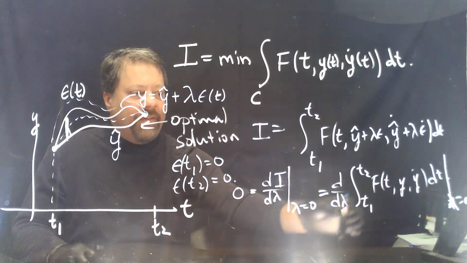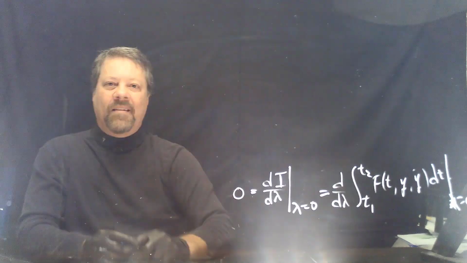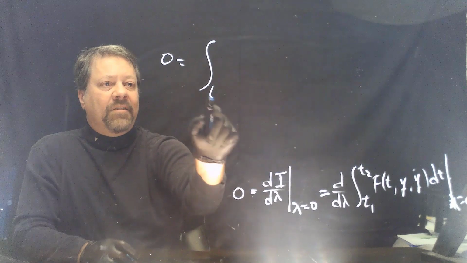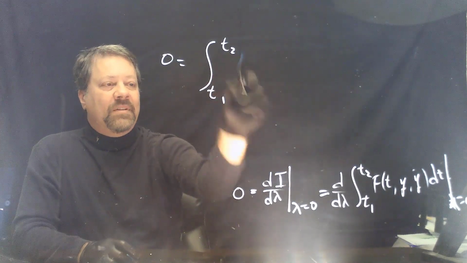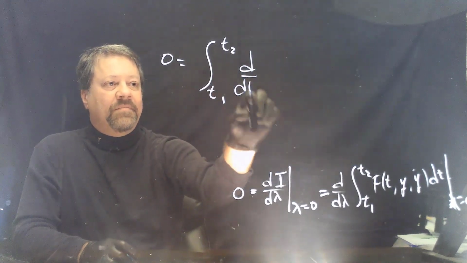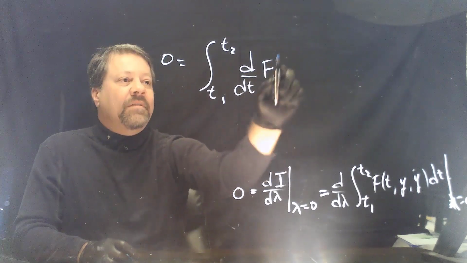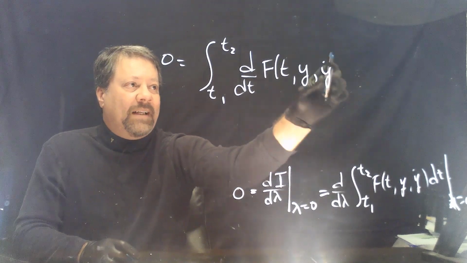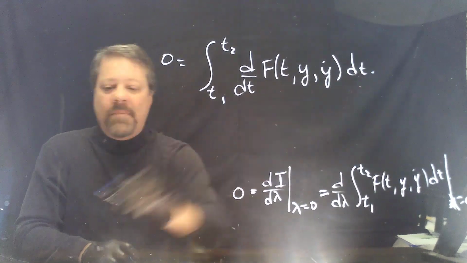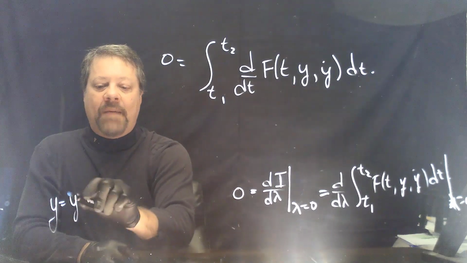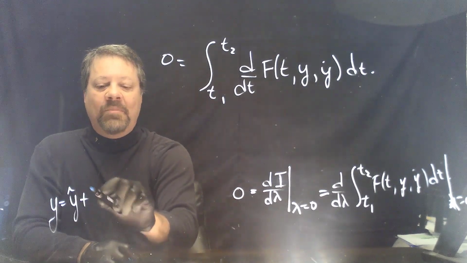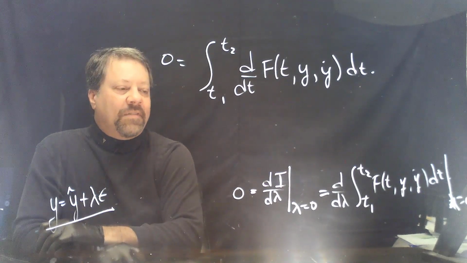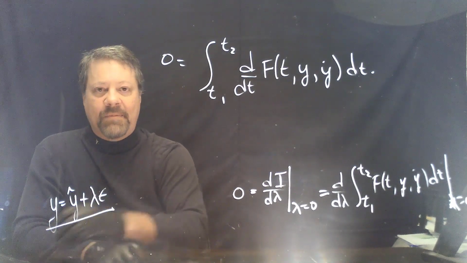The derivative can be moved into the integral. And so we have the integral from t1 to t2 of the derivative of this function of t, y, y dot. Keep in mind that y is the optimal solution y hat plus lambda times epsilon, where y hat and epsilon are functions of t. Lambda is just some scalar parameter.